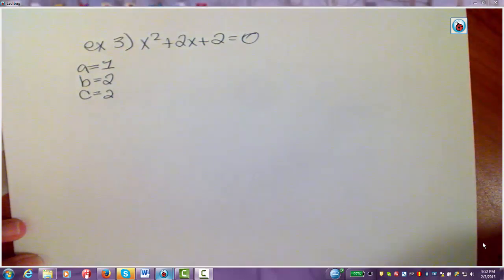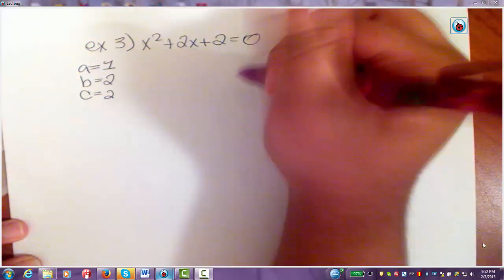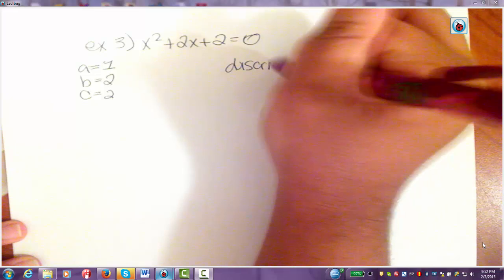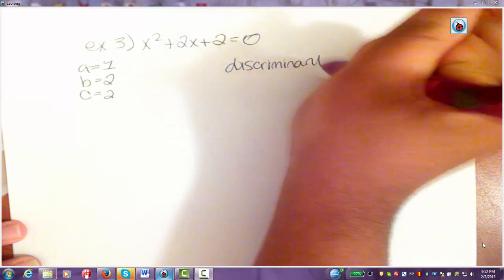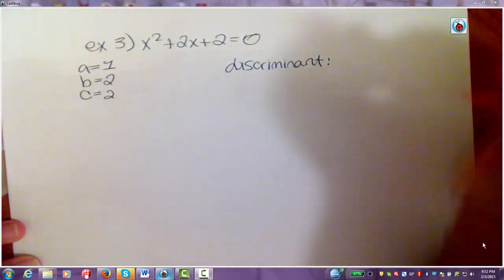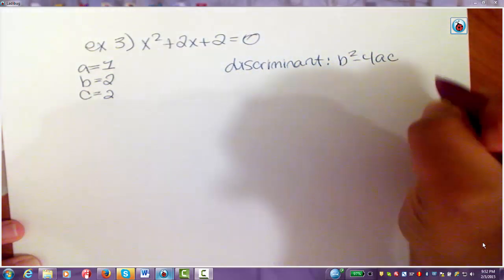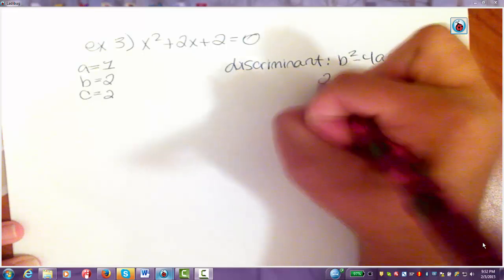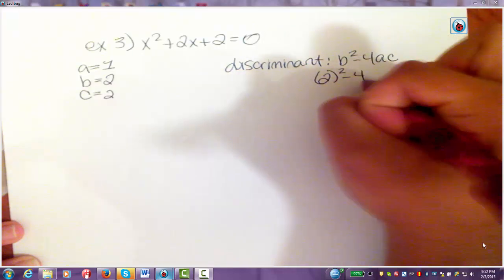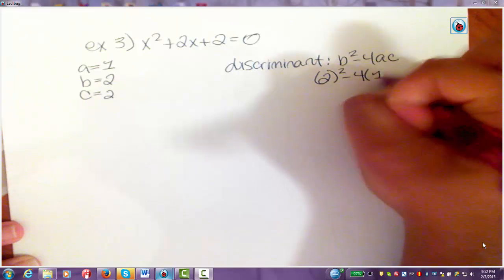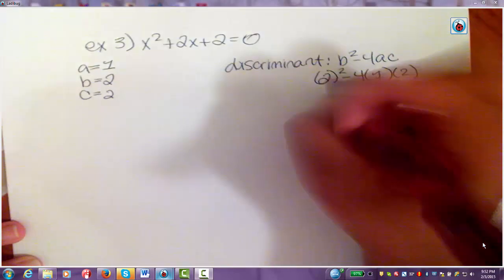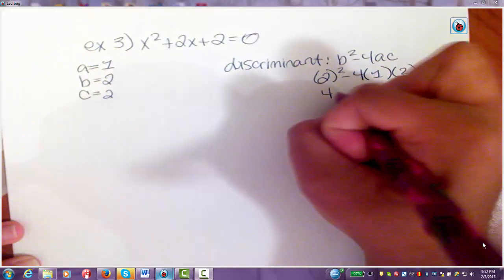Alright, so next we find our discriminant. Remember, the discriminant is b squared minus 4ac. So that would be 2 squared minus 4 times 1 times 2. So 2 squared is 4.